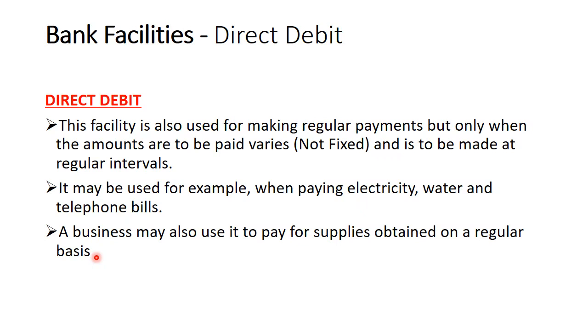Next month you order for 200 kwacha. Because the amount you're ordering varies, you can pay them using direct debit, provided you order at a regular interval, maybe every month on a specified day of the month. So what is important is that it should be a regular interval. The amount can vary. Well, for standing order, the amount is fixed.